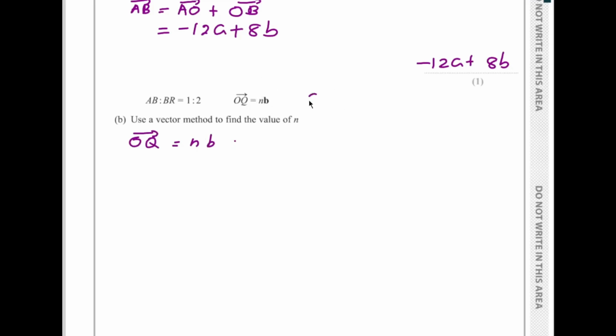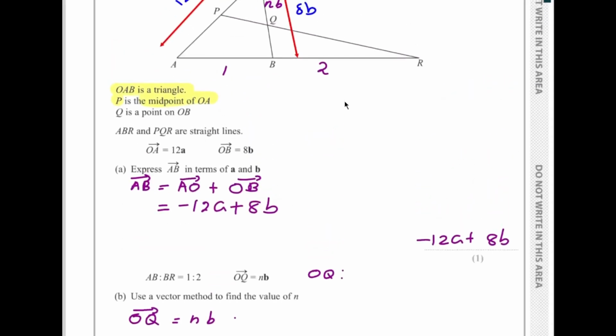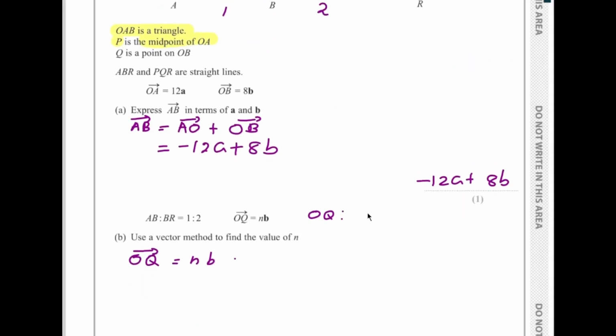Still you are asked to find OQ to QB. Then you still have to find a letter for this one. Normally we apply lambda for this. In this case, instead of lambda, you've been given n. That's the difference of this question.